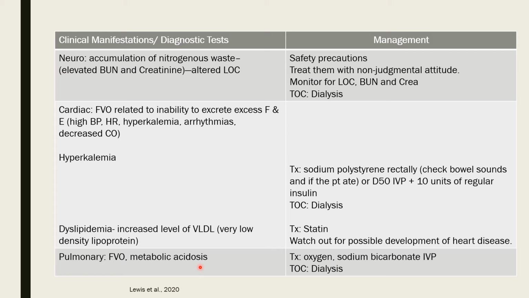Because of chronic kidney disease, the body becomes acidotic, so the pH will be low, and the bicarb will also drop. So your patient will have metabolic acidosis. What helps here is we give them oxygen as needed. We can administer sodium bicarb IV push, and also dialysis, because dialysis helps to normalize the bicarb level in the body.